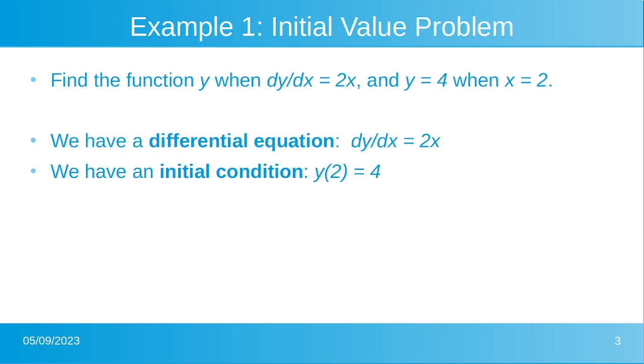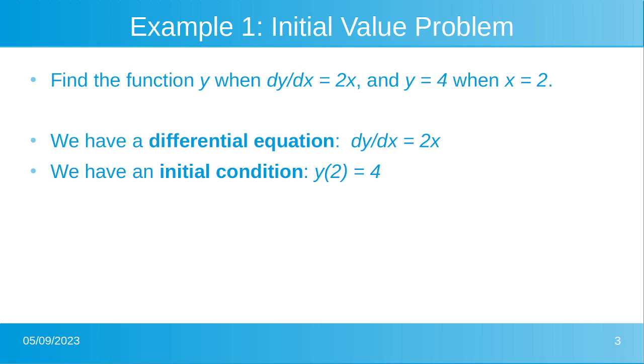So, to start off with a first example, we want to find the function y when the derivative dy/dx is equal to 2x. And we also have some initial information that y is going to be equal to 4 when x is equal to 2.